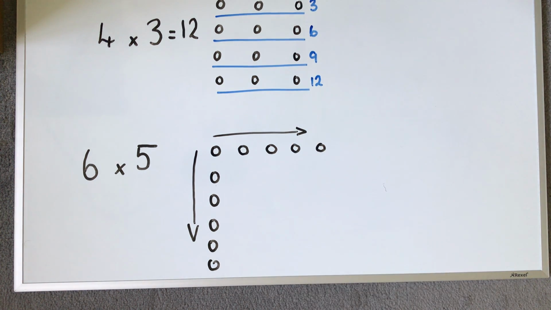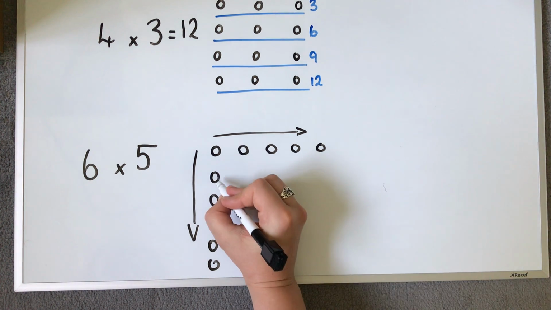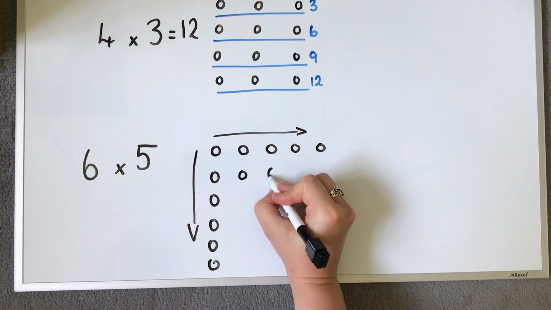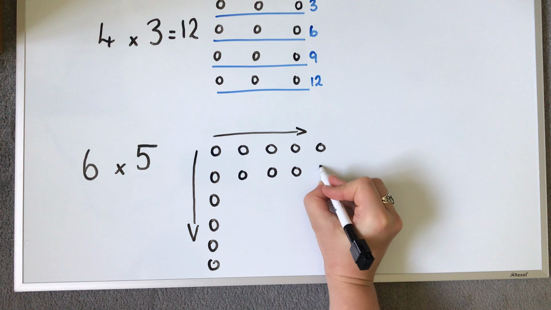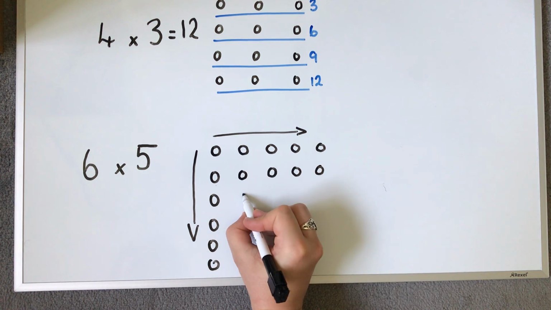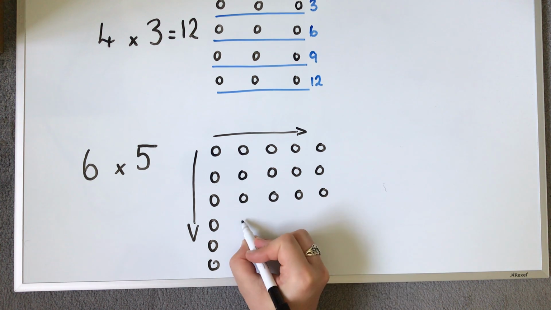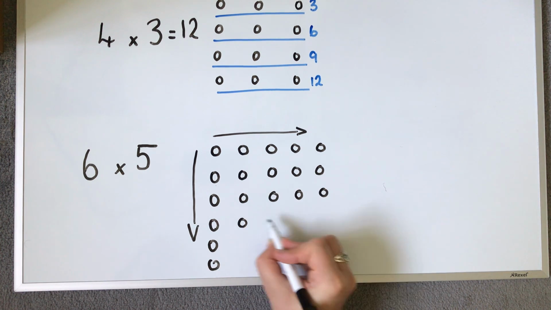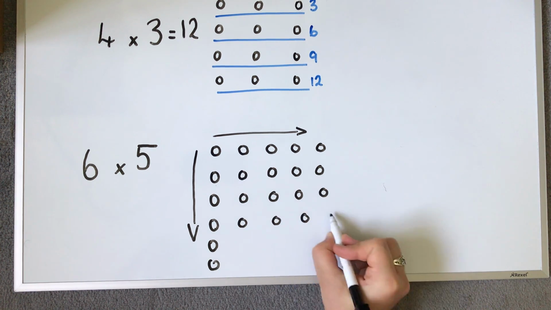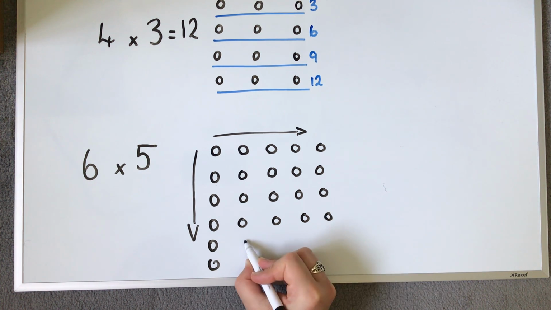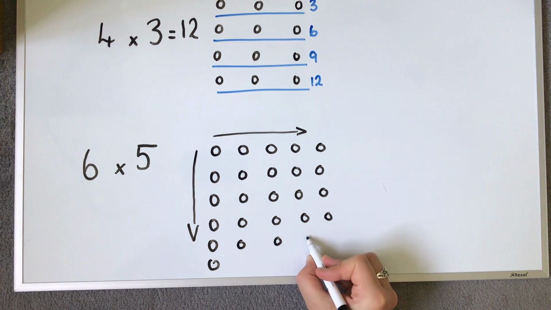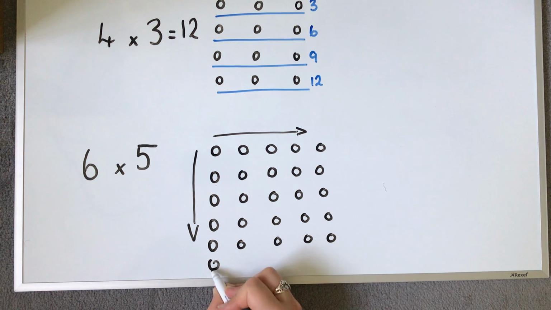We need to do that for each of our rows. So 1, 2, 3, 4, 5, and again for each row, until the final one.